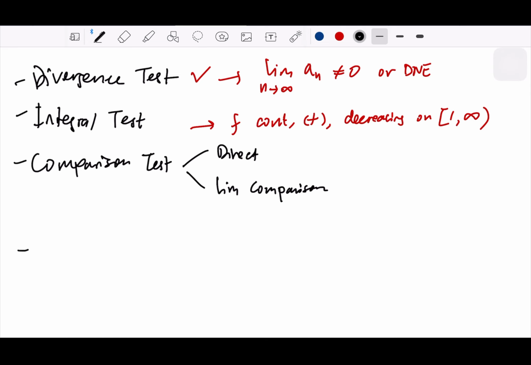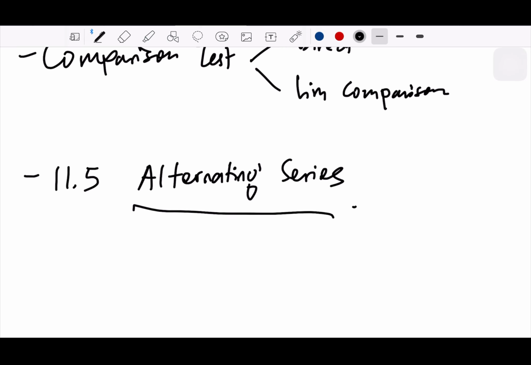Now the next one, 11.5, is about alternating series. Alternating series means that the series has alternating signs.